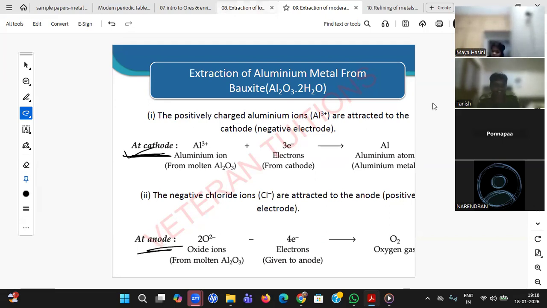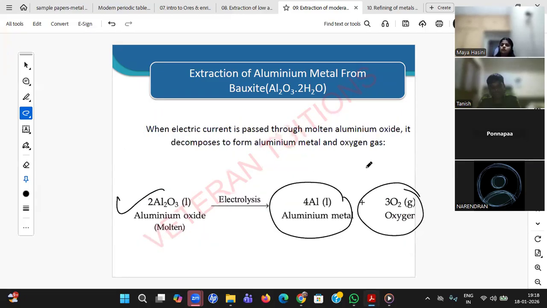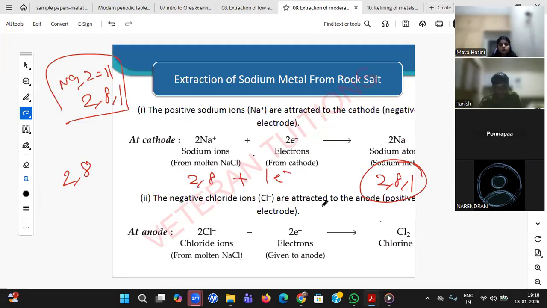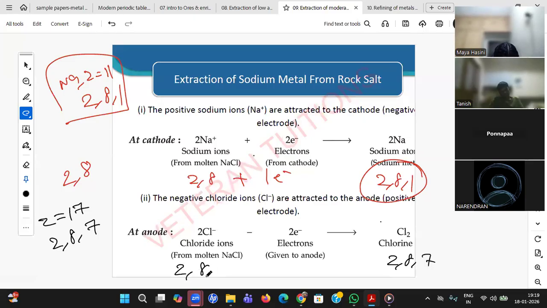Sir, can you show the slide where Cl is becoming one? Yes, this slide. Okay, chloride minus ion: chlorine is 17, beta, 2, 8, 7. Minus 1 means 1 electron is already added here, so it is 2, 8, 8.